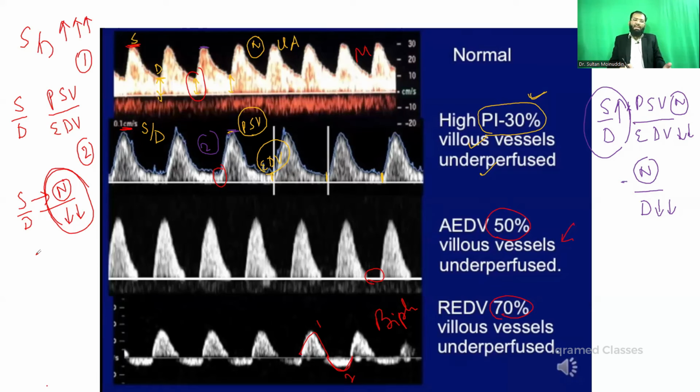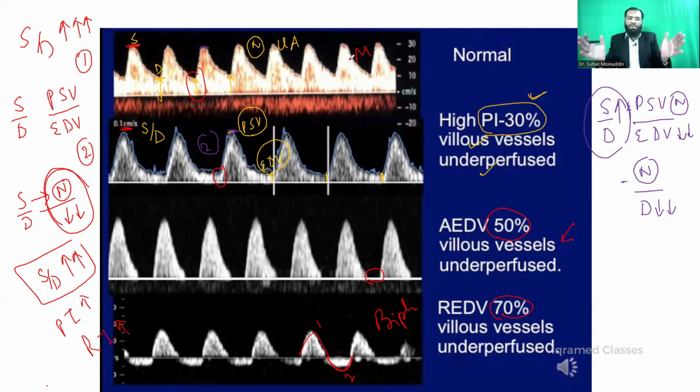What happened during this? The S by D ratio increased. What happened to PI? PI increased. What happened to RI? RI increased. So in short, resistance increased. Resistance went high, the S by D ratio has also gone high, and you see that the waveform is changing.